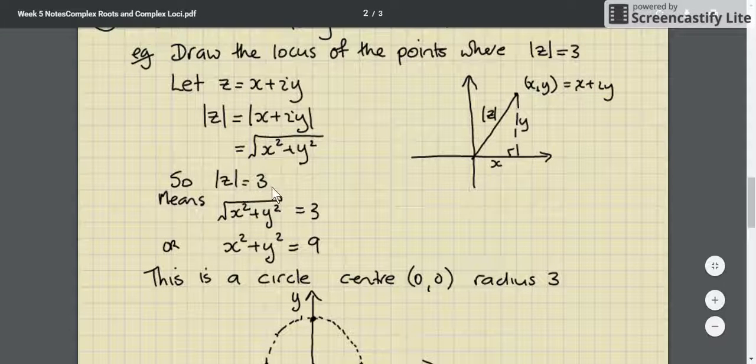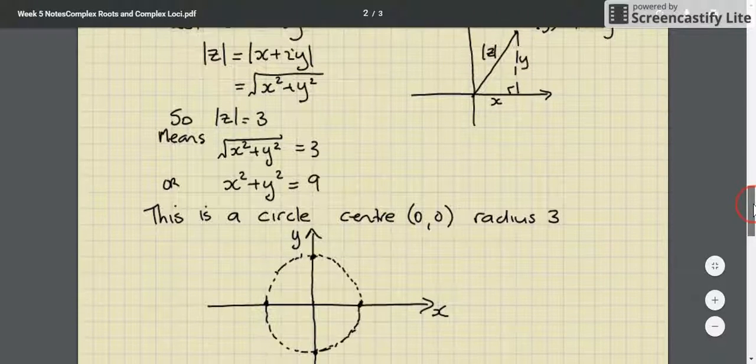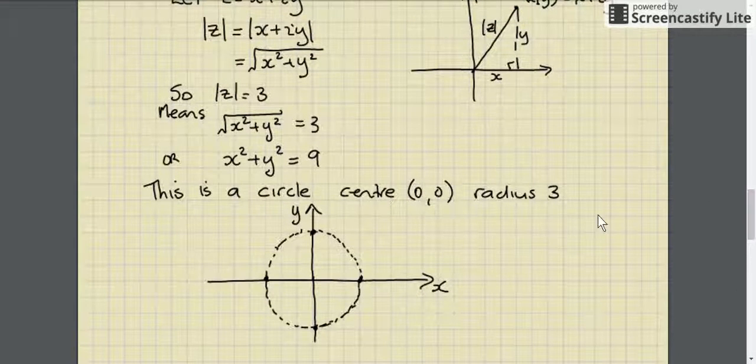So the condition we've been given is that the modulus of Z equals 3. So that means the square root of x squared plus y squared equals 3. Squaring both sides gives us x squared plus y squared equals 9. Now this represents a circle, center 0, 0, radius 3.